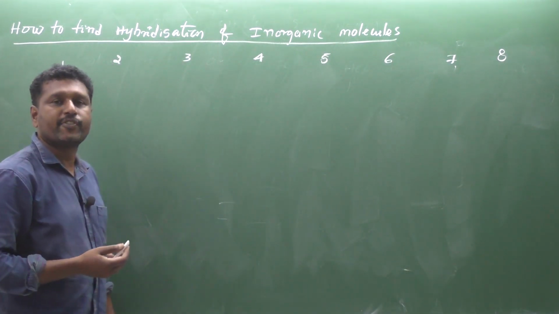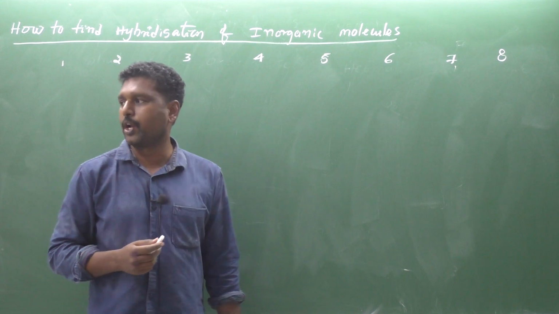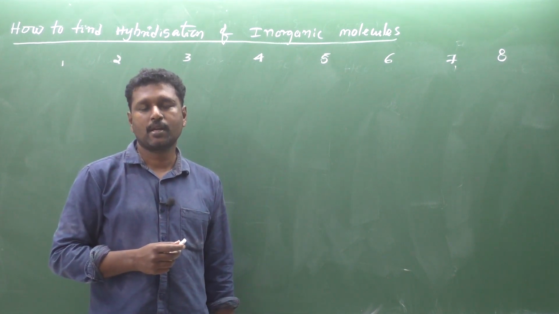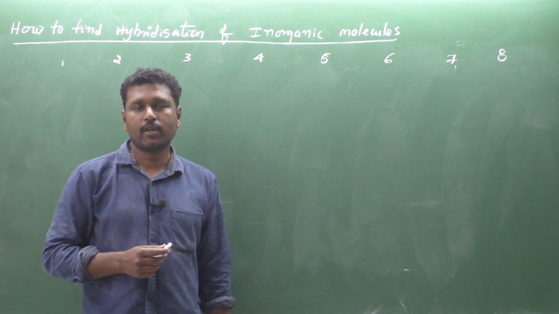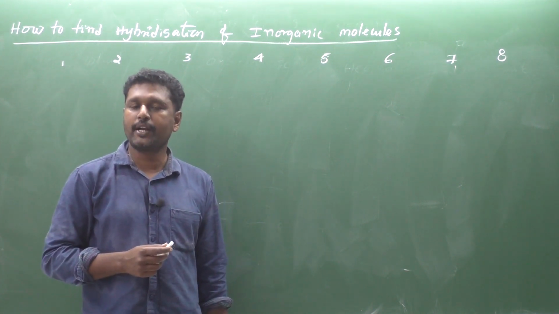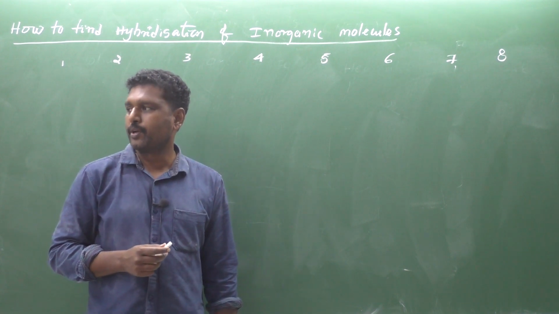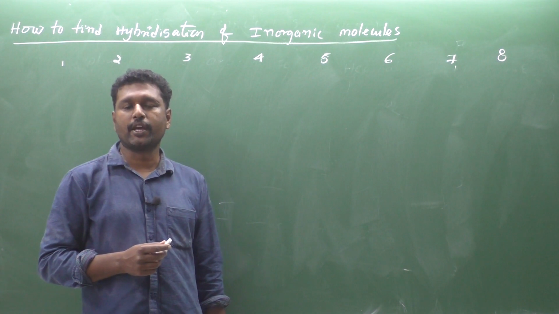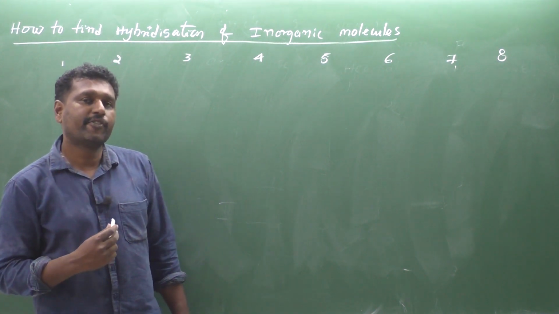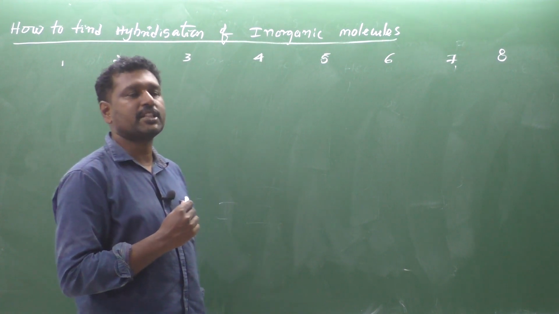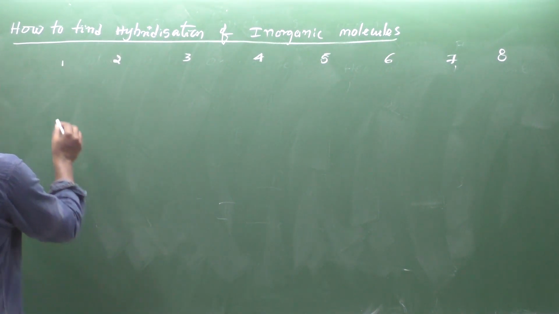When we find the hybridization of inorganic molecules, hydrogen is placed in the 7th A group. Some properties of hydrogen are related to the first A group, and some are related to the 7th A group. But in the case of hybridization, hydrogen is placed in the 7th A group only.